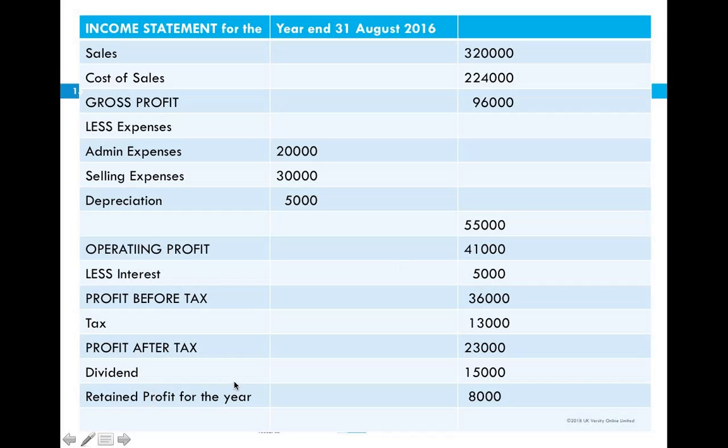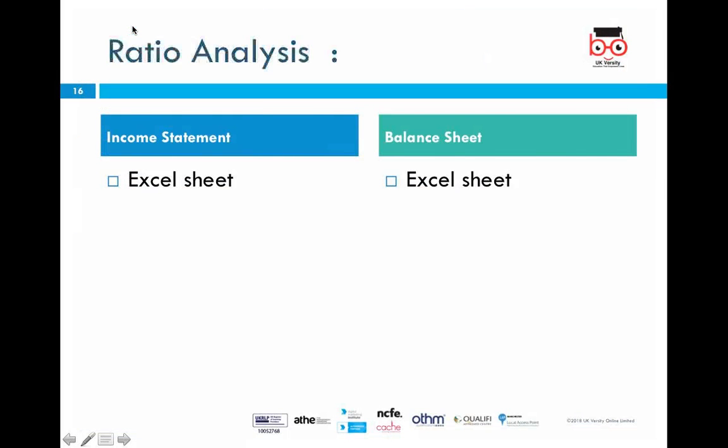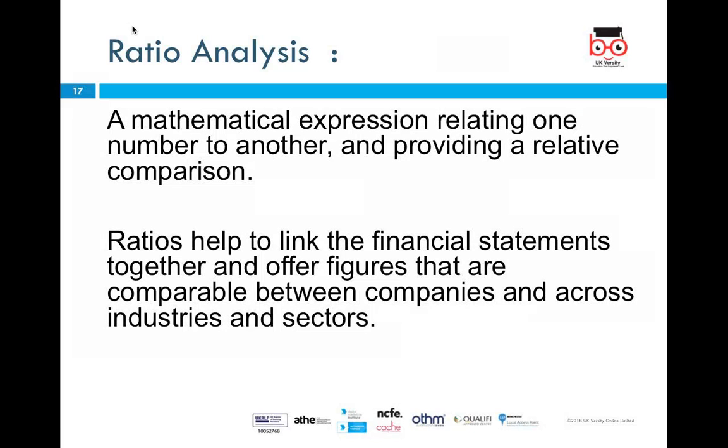And then you will get different kinds of profit, before tax and after tax, and the retained profit for the year. You can do it periodically: monthly, quarterly, fortnightly, weekly, half-yearly, and yearly. And then you can project your sales and your cost of goods sold, and estimate the different kinds of profit from the income statements.